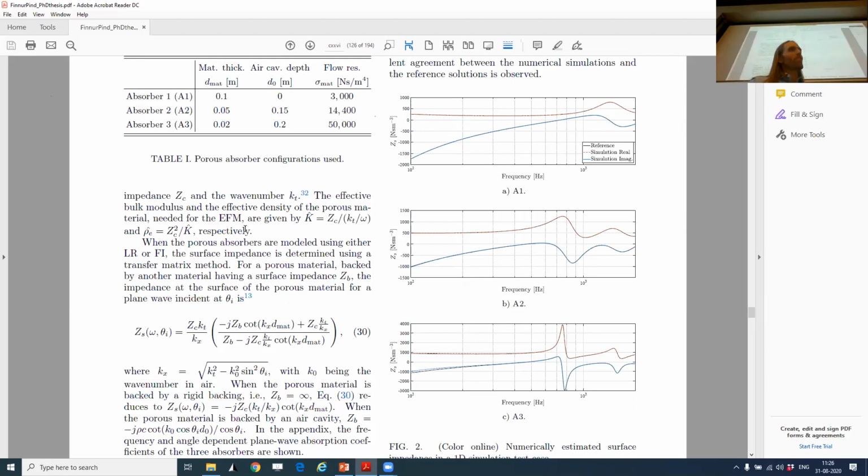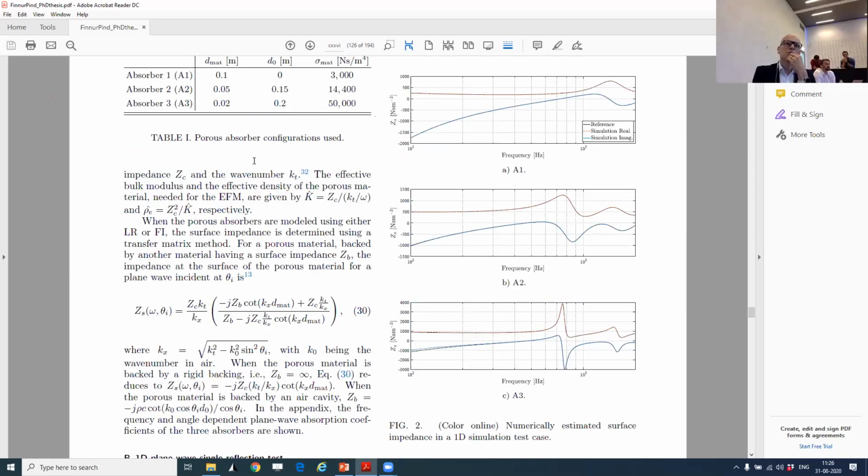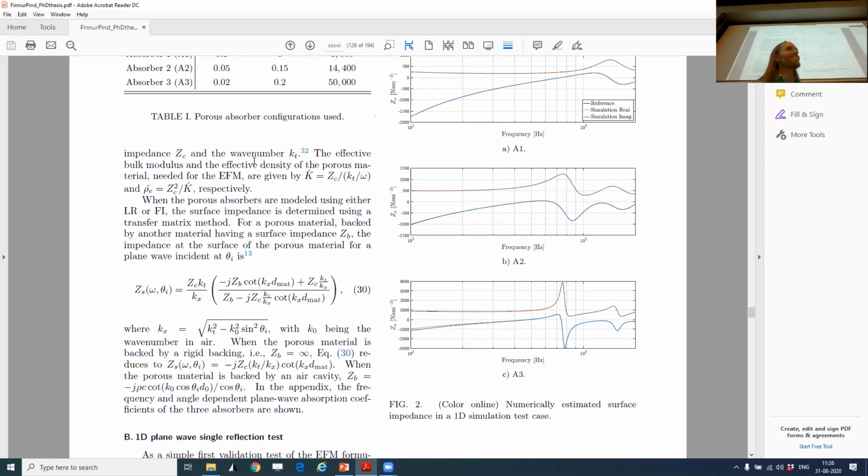Doesn't it depend on how you define things, what convention you use? I'm not sure. This is at least what I got. Which time convention do you use? Minus j omega, I believe, as far as I remember.